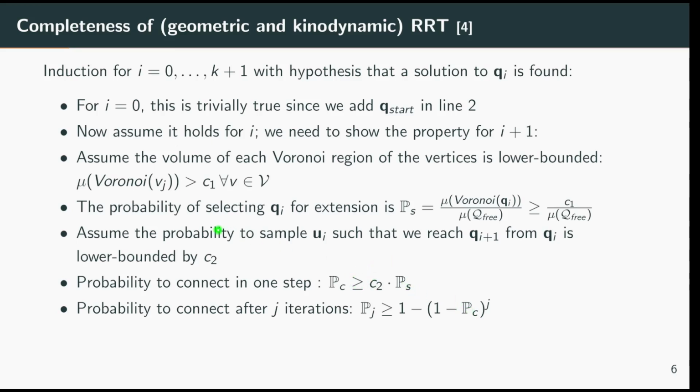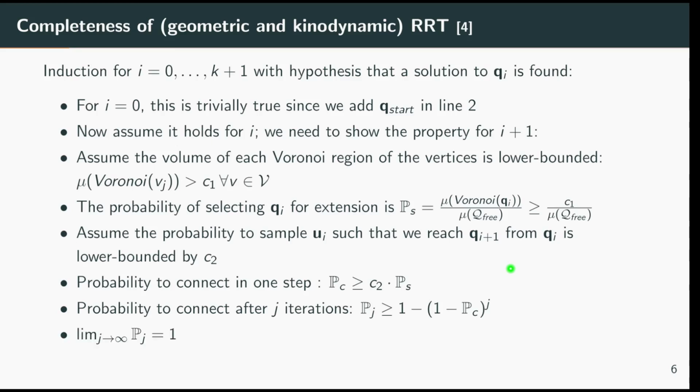Since all of these things are assumed to be independently sampled, if I repeat it j times, I will get 1 minus PC multiple times, and they get multiplied, and that's why we get the power up here. And then we're not interested in the probability of it not connecting, but of connecting, so we again take the inverse event and do 1 minus that.